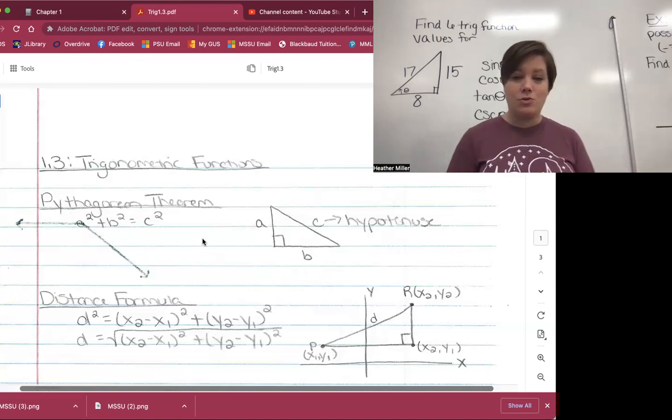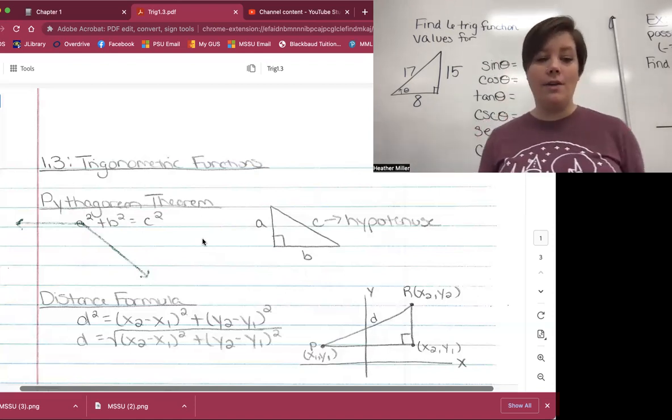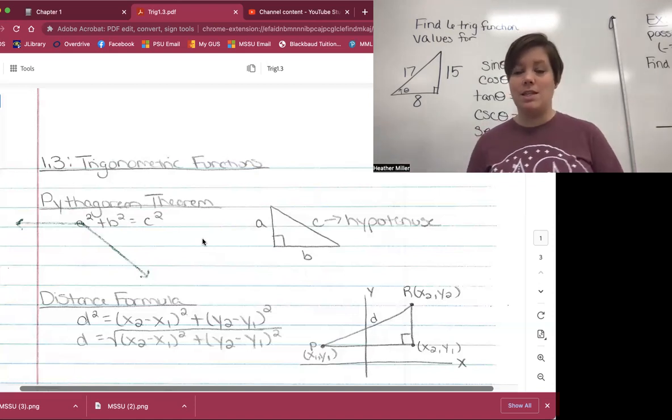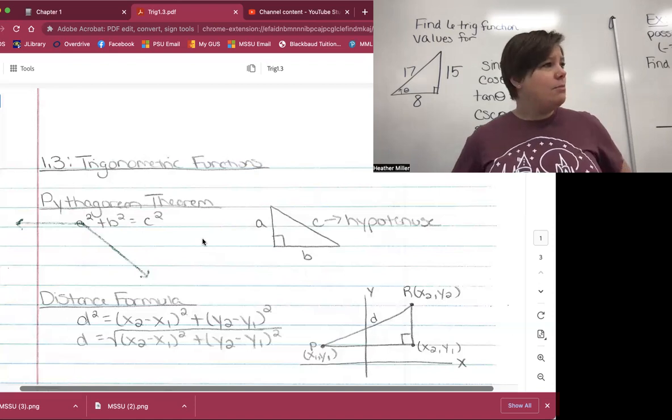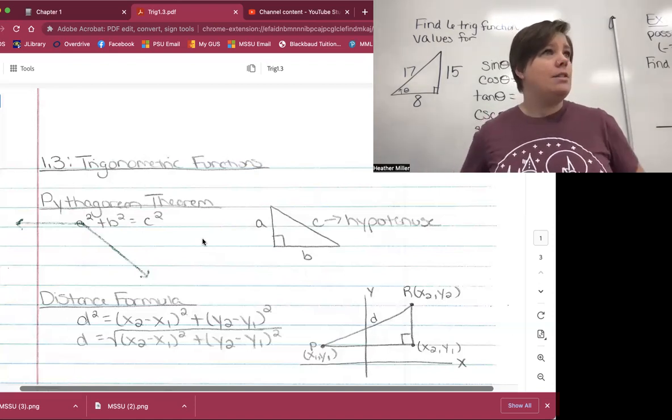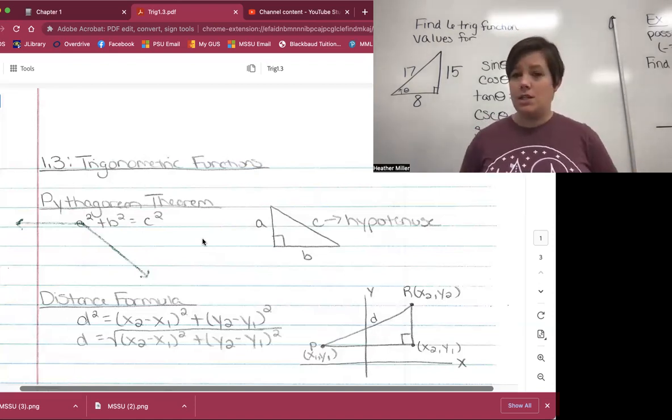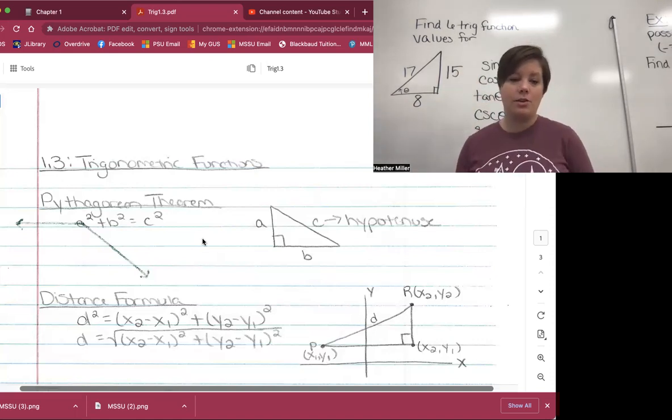It's also from triangles that we get our distance formula. You have seen the distance formula, at least in math class, because I believe I talk about it in Math 30, but hopefully you've seen it in Algebra 1 and other classes, or maybe even a physics class.